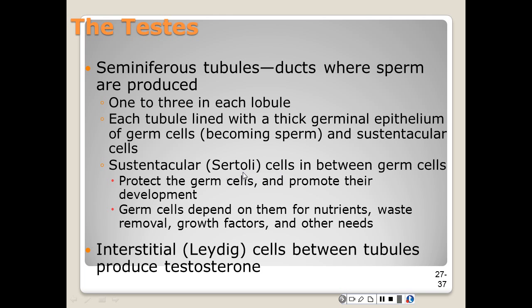Now the germ cells rely on sustentacular cells for waste removal, growth factors, as well as nutrients. And the sustentacular or Sertoli cells secrete androgen binding protein and inhibin, both of which regulate the production of sperm.